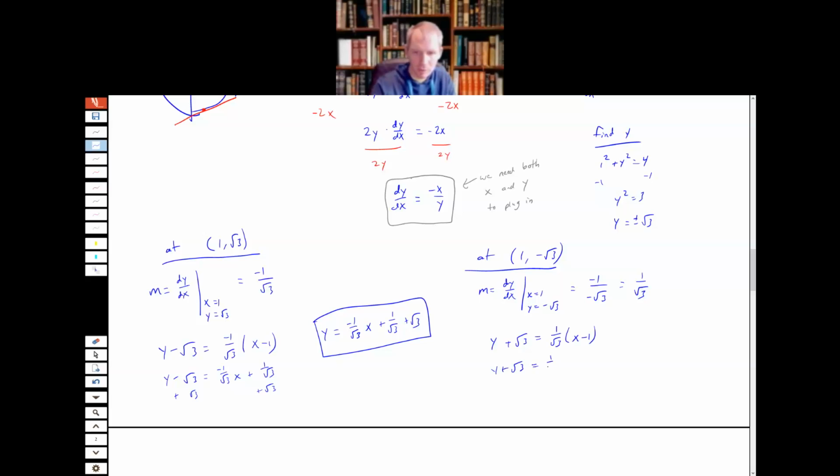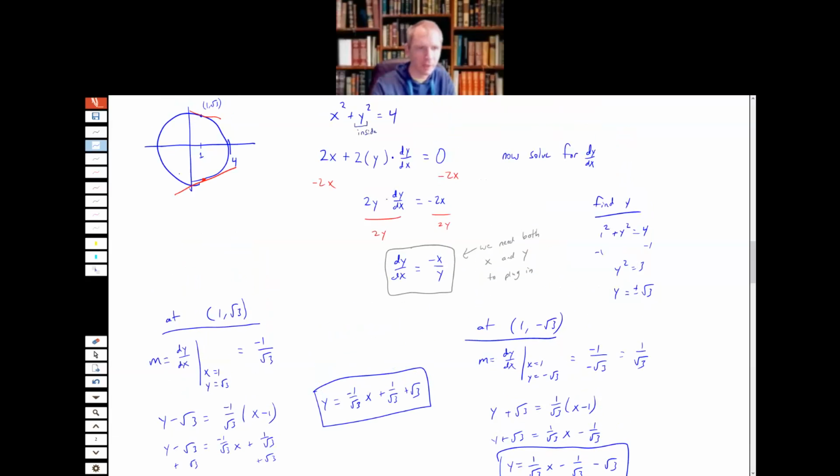So distribute, and I get 1 over root 3 x minus 1 over root 3, and then subtract the root 3 from both sides. So y is 1 over root 3 x minus 1 over root 3 minus root 3. And here I can see, okay, I have a positive slope, and again, that lines up with the little graph that we drew.